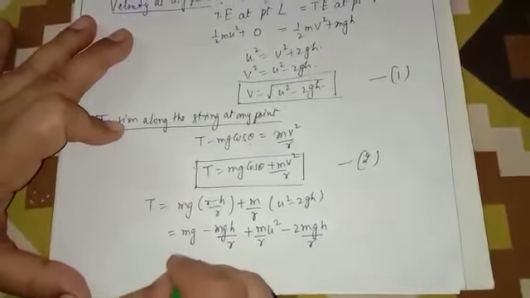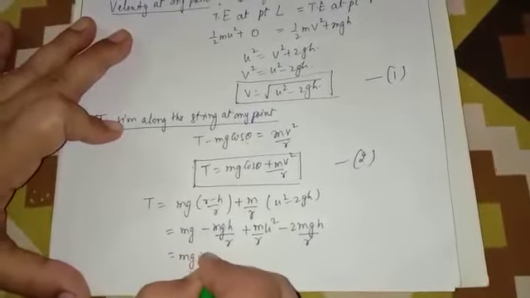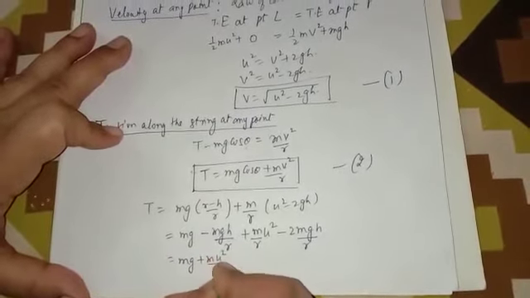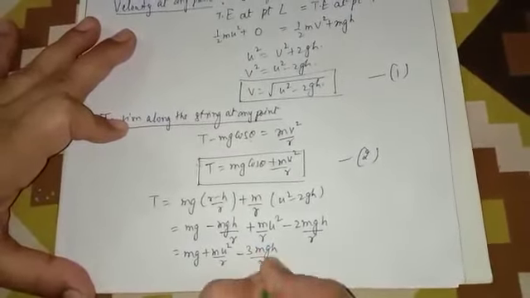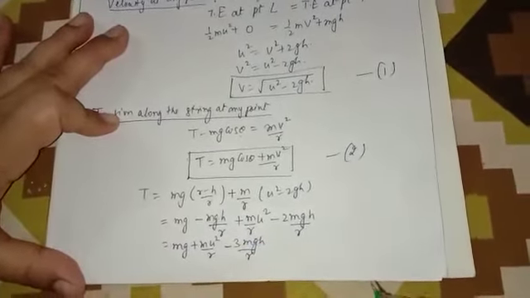So this is equal to mg plus mu square divided by R minus 3mgh divided by R.